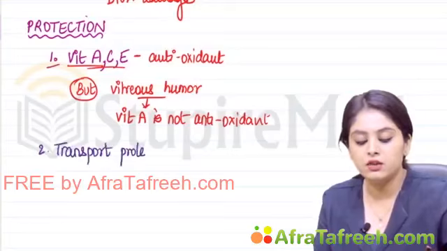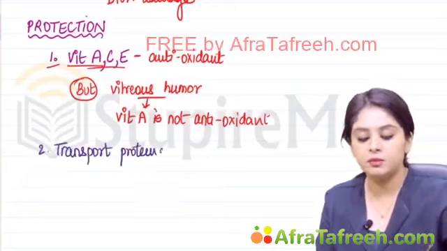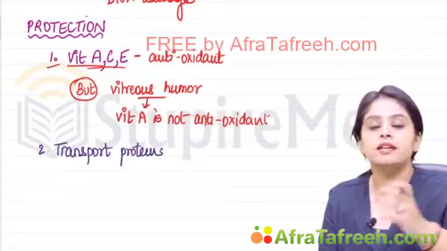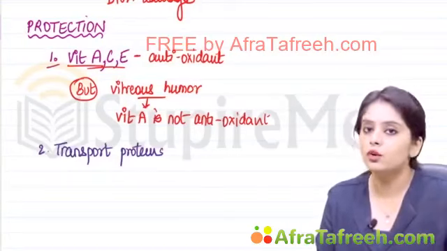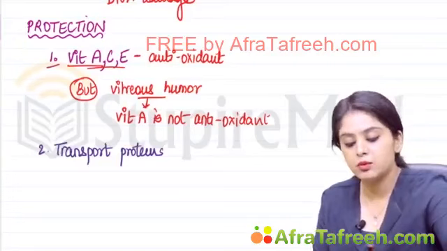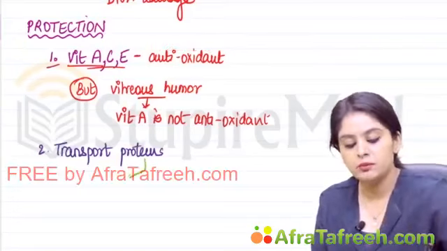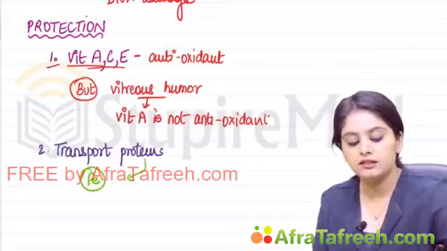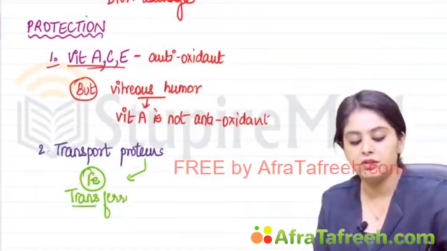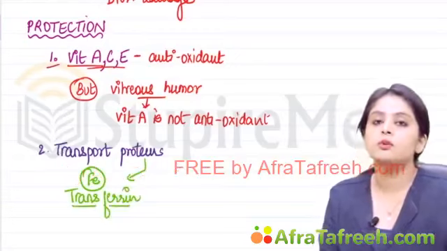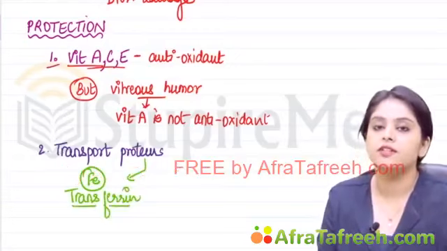So if iron and copper are bound to these transport proteins, will they be available for Fenton's reaction? No. So what are those transport proteins? The transport protein for iron is transferrin: trans because of transport and ferrin because of iron.